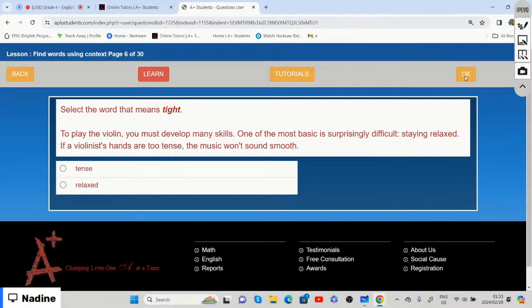What does tight mean? It says to play the violin, you must develop many skills. One of the most basic is surprisingly difficult: staying relaxed. If a violinist's hands are too tense, the music won't sound smooth.